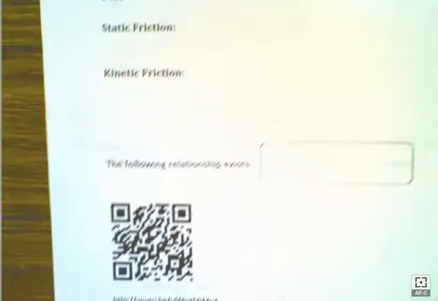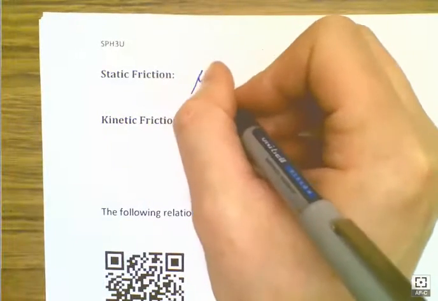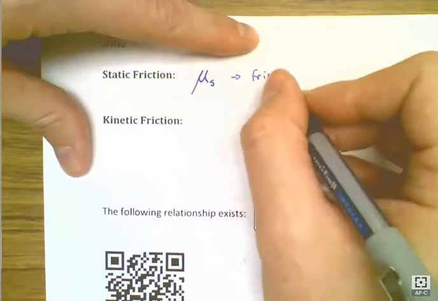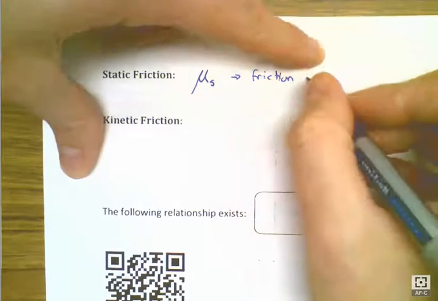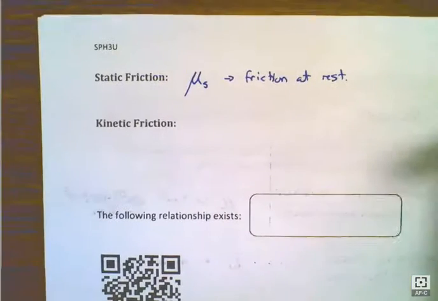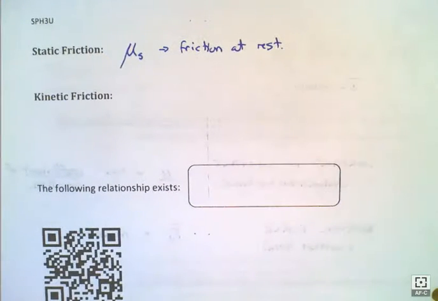So what you'll see here is that static friction is given this symbol, mu subscript s, and this is the friction at rest. Now, the reason why it only depends on the mu and not the normal force is that the normal force doesn't change whether you're moving the object horizontally or it's stationary.